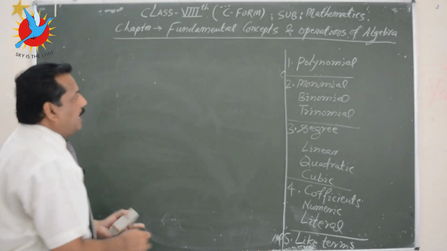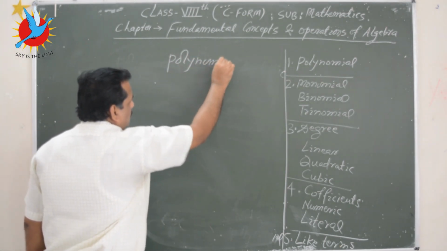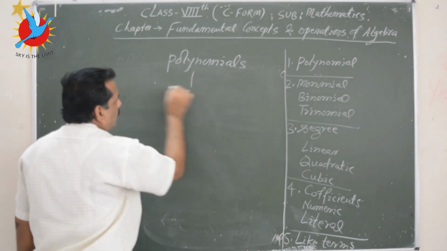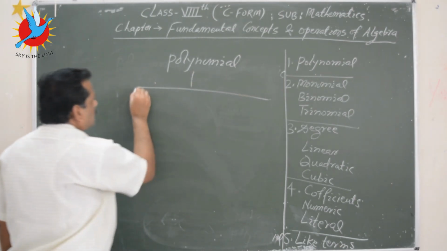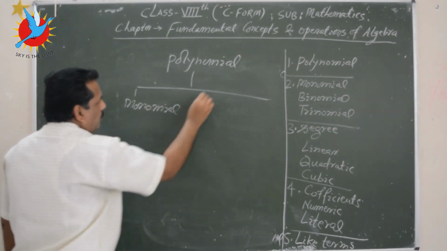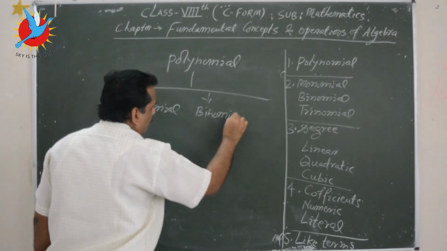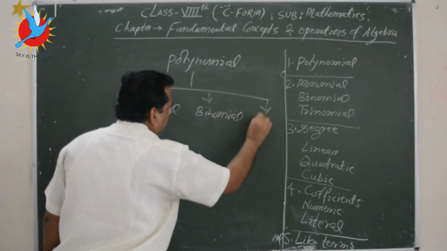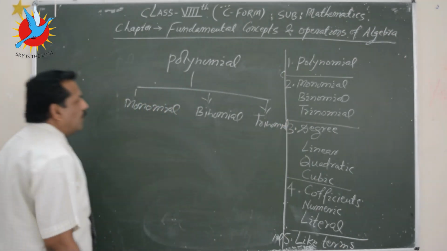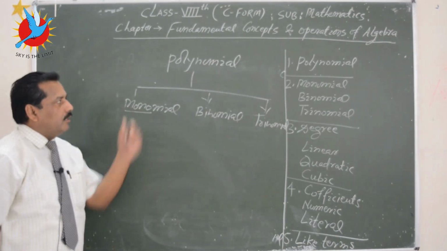Now we come to the different types of polynomial. A polynomial can be classified on the basis of the number of terms: monomial, binomial, trinomial. Mono means one, so a polynomial having only one term.